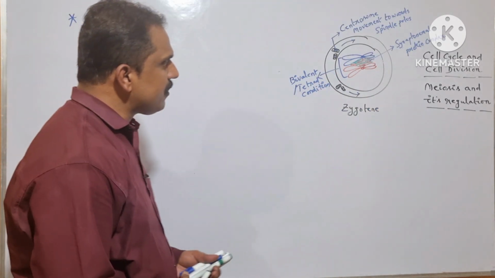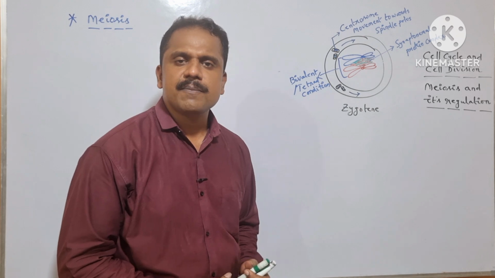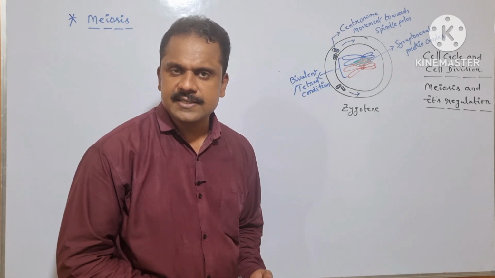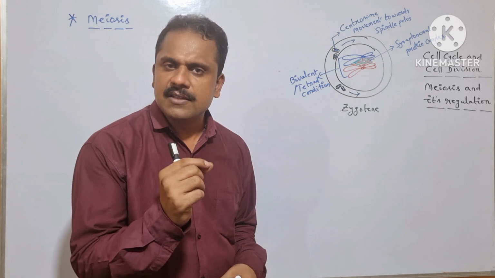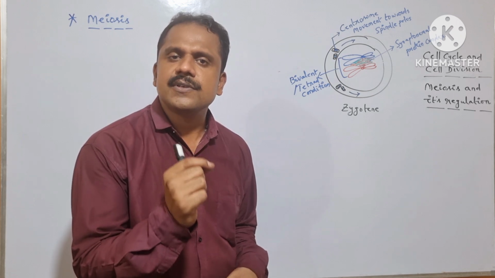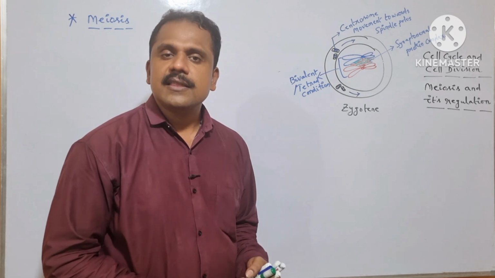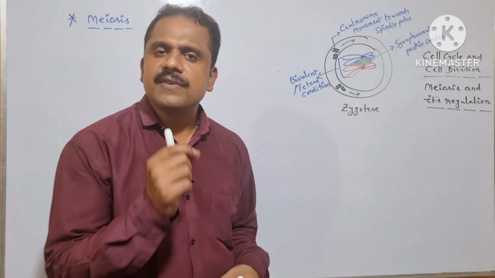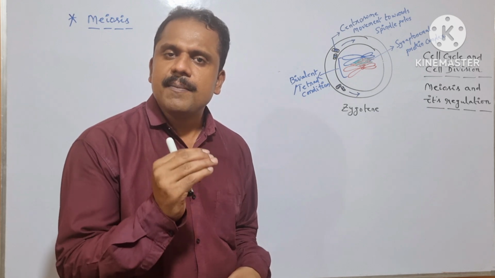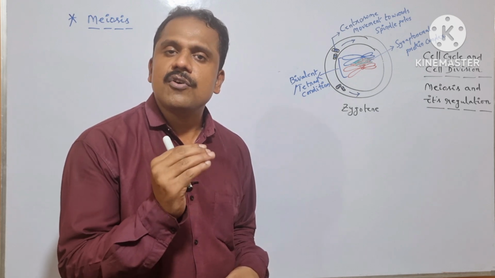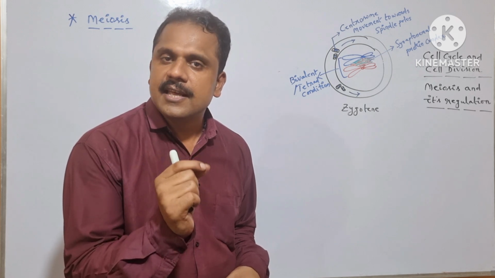So after the leptotene stage of prophase 1 of meiosis 1, the next specific stage of prophase 1 of meiosis 1 is nothing but the zygotene stage. So what is the zygotene stage and what are the various salient features observed during it? During the zygotene stage, the two homologous chromosomes, which are similar in size and shape, start undergoing pairing. The process through which homologous chromosomes start pairing is termed as synapsis.